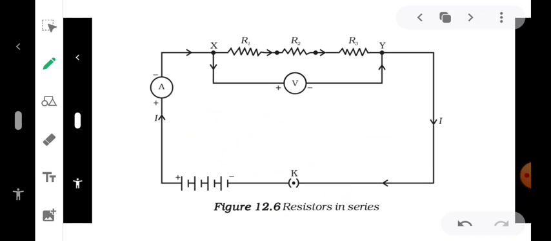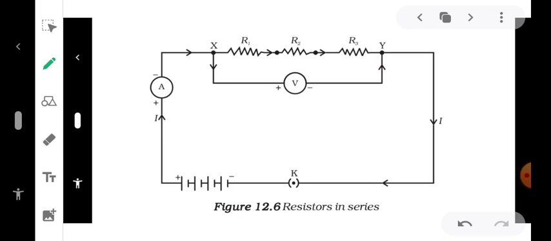When I was talking about the electrical symbols, we saw so many electrical symbols: electrical cell, battery, the symbol for resistor, voltmeter, ammeter, wire connection, key, which is also called a switch. When the switch is open, what is the symbol? When the switch is closed, what is the symbol? These are all the things we had seen in the previous class.